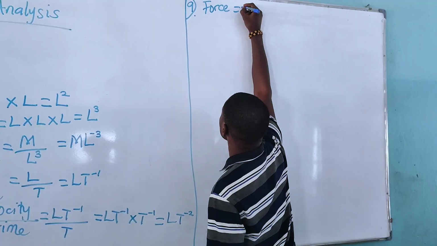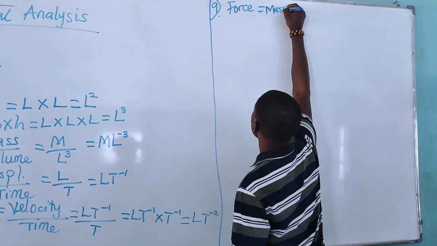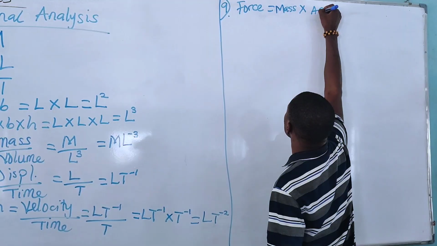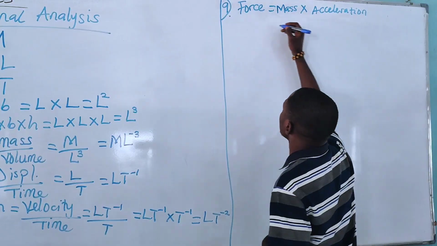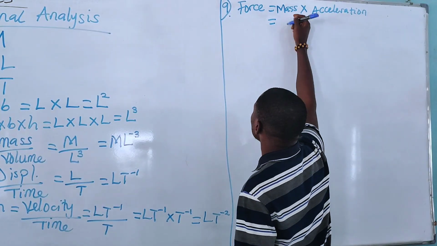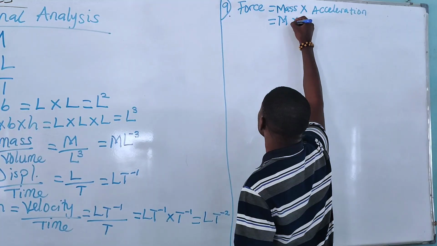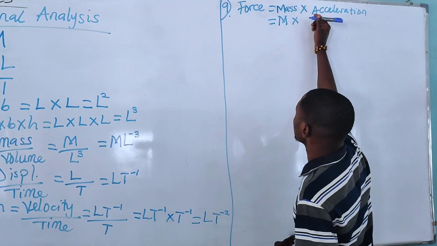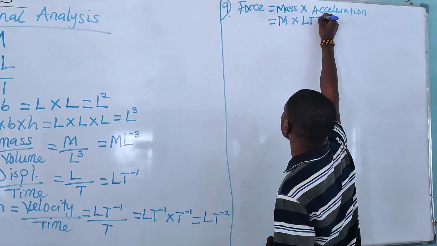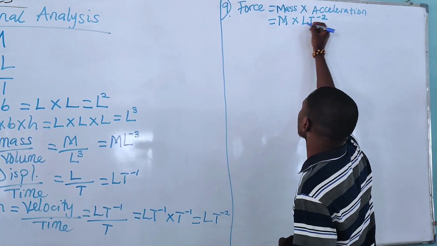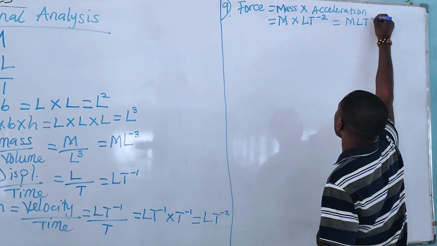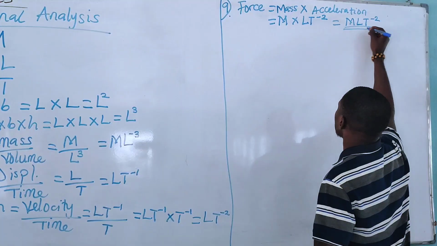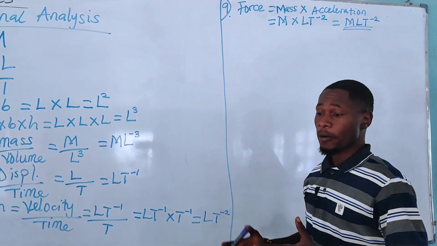So force is equal to mass times acceleration. That will give the dimension of mass, M, times the dimension of acceleration, which we know is L T to the power minus 2. So that gives us M L T to the power minus 2. That is the dimension of force.